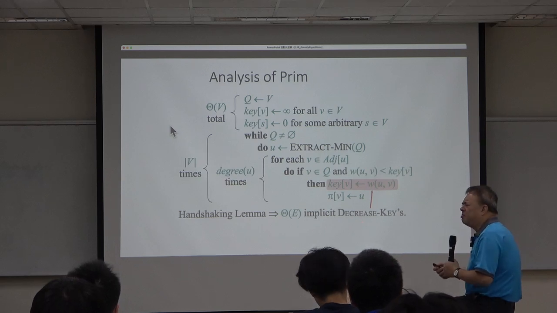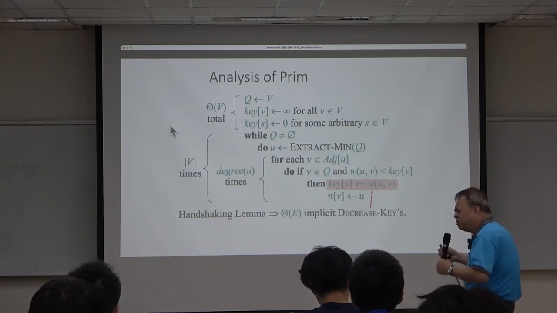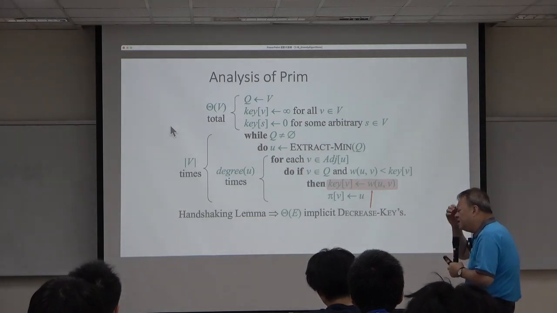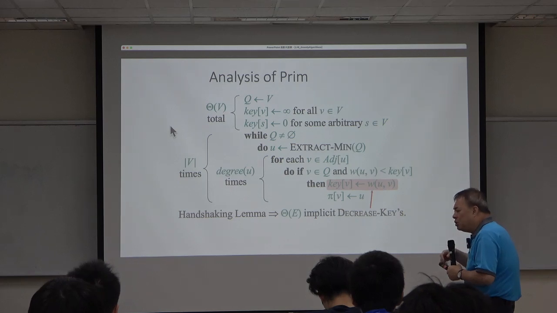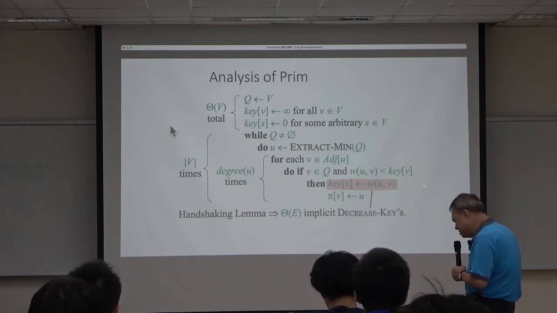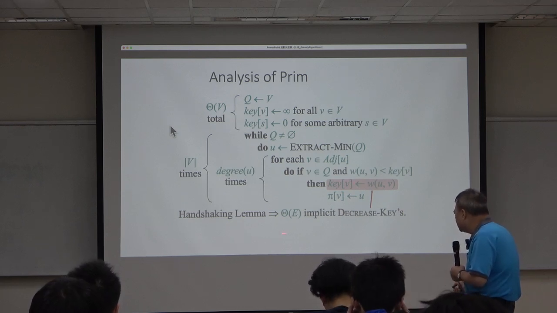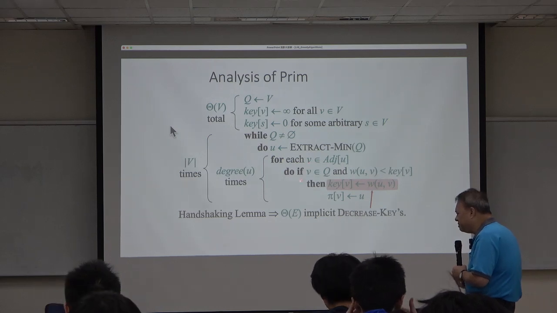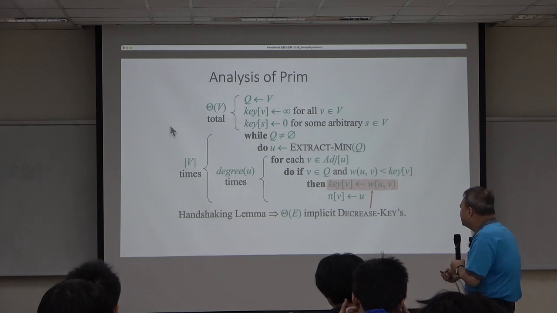It will be bounded by this value. It will be much smaller, because it's not that you have to decrease the key for every neighbor. You only need to do that when this condition is met, but this is the worst case.